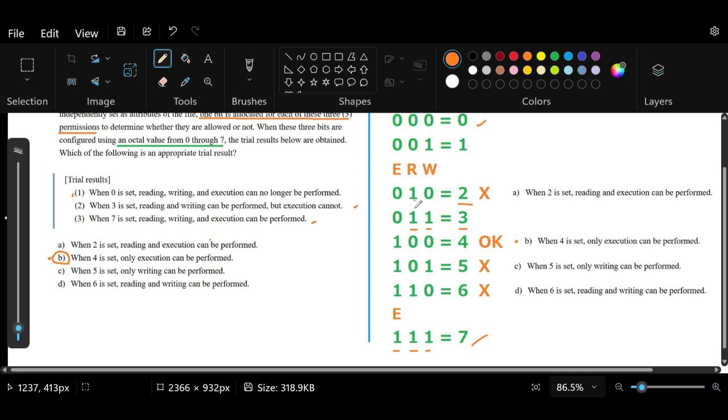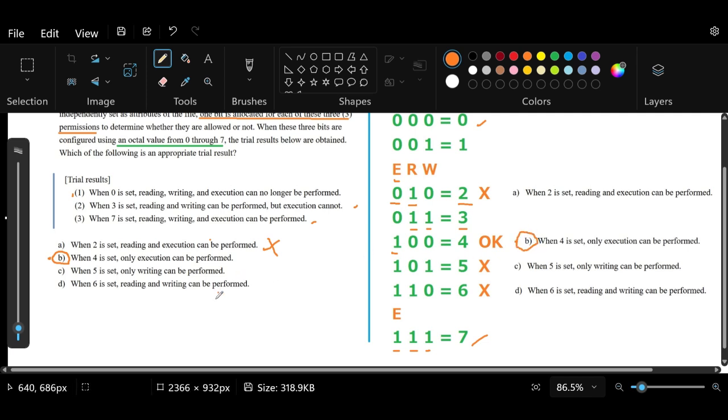If we look at our sequence, reading and execution should be performed, but it's not. So A wouldn't be the correct answer, right? What about when 4 is set? When 4 is set, only execution can be performed. And what we can see is E is here. So B is okay, is satisfied.